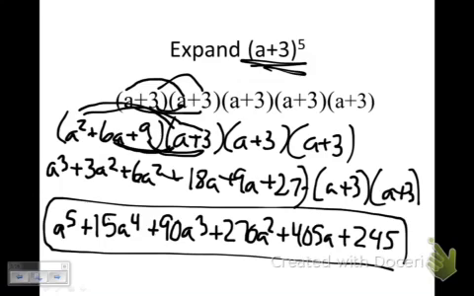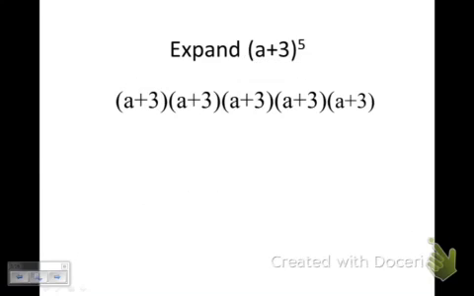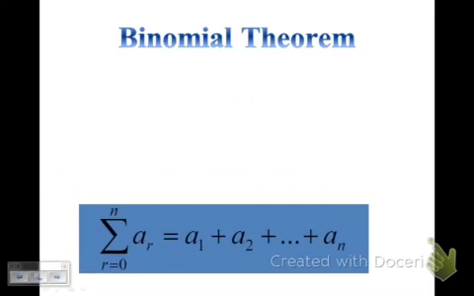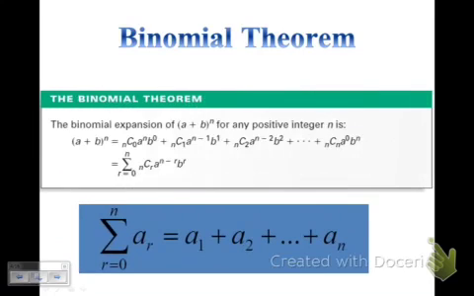So what we did instead was we came up with this binomial theorem. And it's the sum, and basically we're just adding terms. The binomial expansion of a plus b to the n is: I take n choose 0, n choose 1, n choose 2, all the way to n choose n.